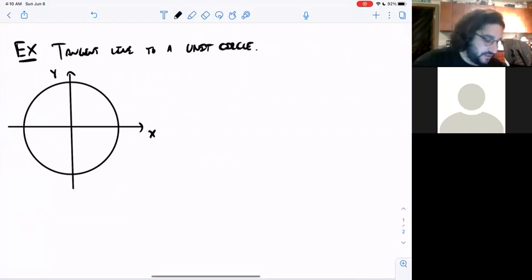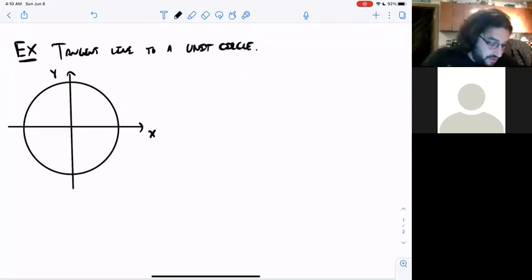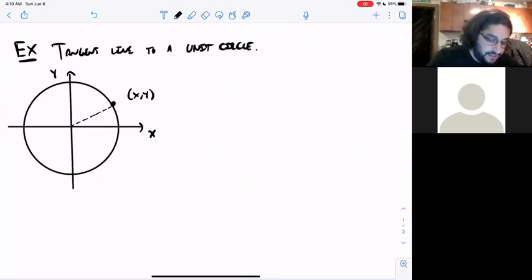Right, so why is a unit circle not too bad to find a tangent line to? Well, if you're at point x comma y, think back to basic geometry. How do you find a tangent line to a circle? Well, the tangent line is always going to be perpendicular to the radius of a circle, right?